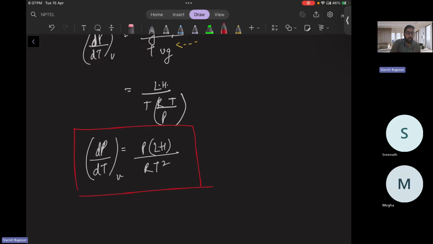So this is your final relation of pressure and temperature change.